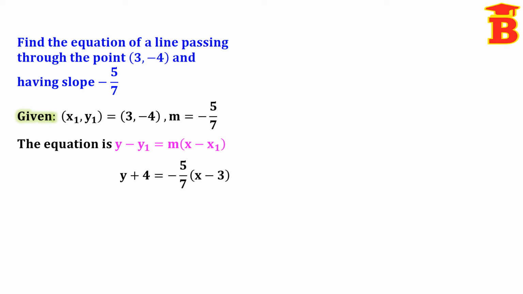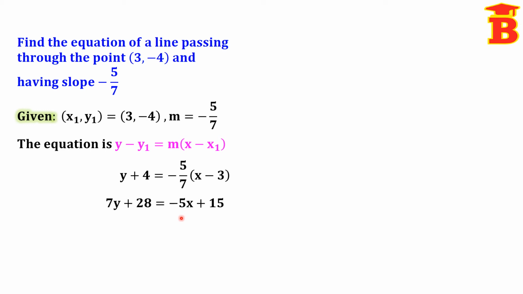y - y1, minus of minus, plus 4, equal to m value -5/7 into x - x1, which is 3. This 7 cross multiplied to the left side. We get 7y + 7 4s are 28 equal to this -5 multiplied inside the bracket, that is -5x, minus into minus plus, 5 3s are 15.